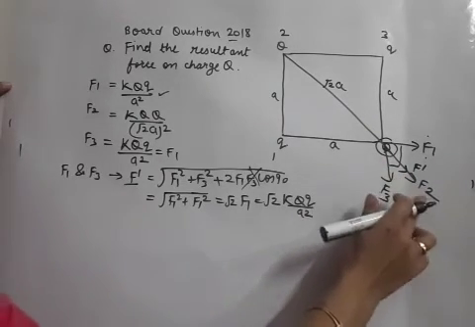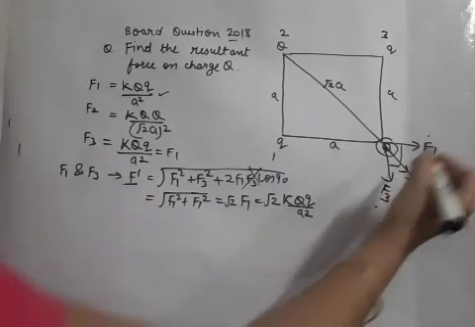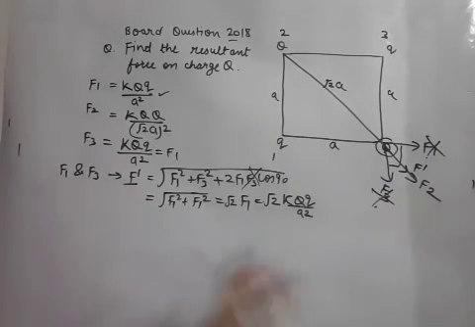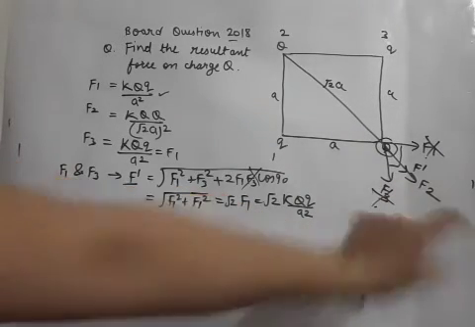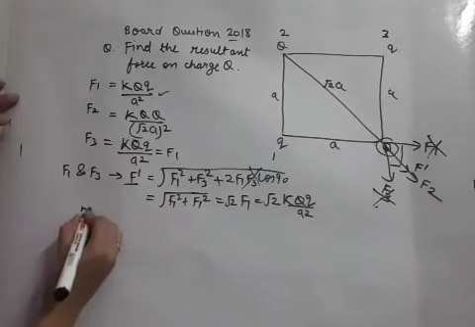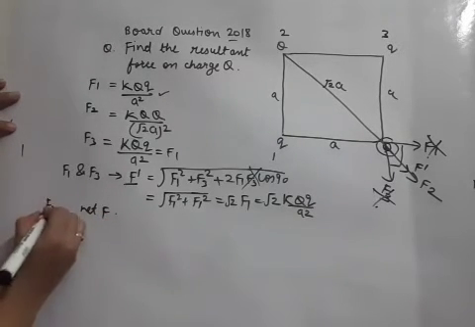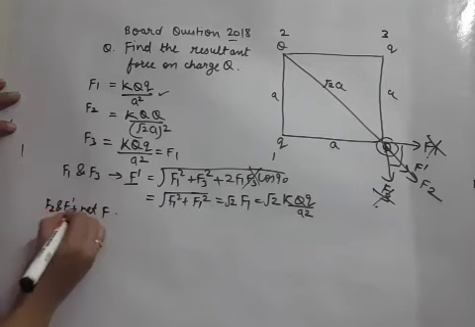That means F dash is also along F2 only. Now because we have solved F1 and F3, we can cut them from the diagram. We will focus on the remaining forces. Only F dash and F2 are remaining. So we will solve the net force of F2 and F dash.